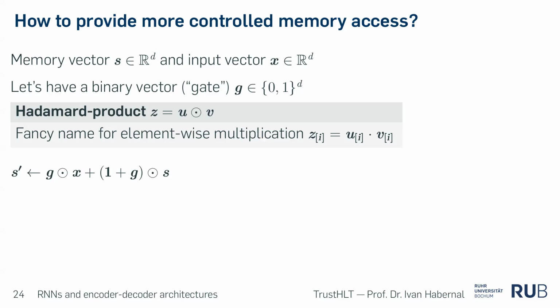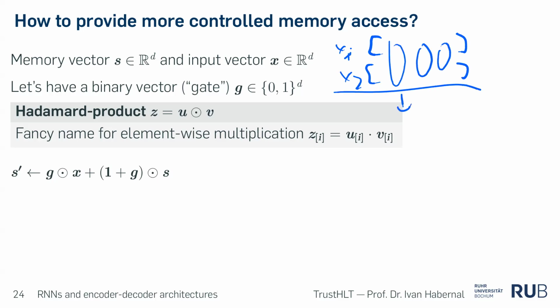So if you have two vectors and want to multiply them element-wise, you take x1 and x2, multiply each of those together and make a vector out of it. Element-wise multiplication of two vectors. Very fancy name, Hadamard product. So if you want to show off somewhere in a bar, say, oh yeah, Hadamard product, of course. I don't actually know anyone who's using this seriously. But anyway, element-wise multiplication. Good.